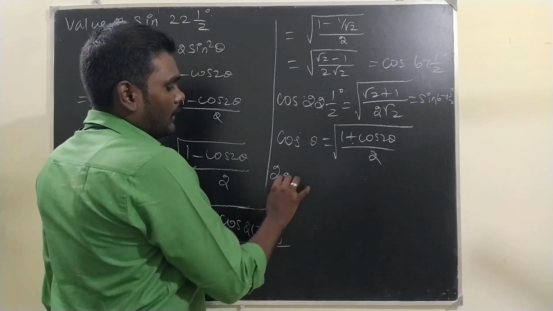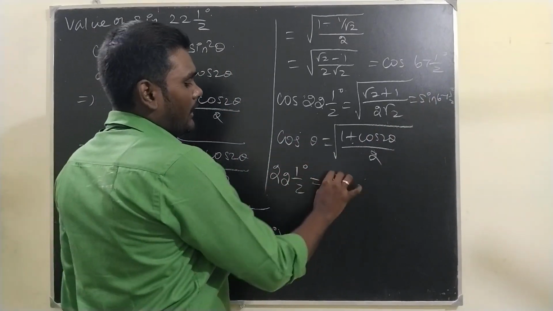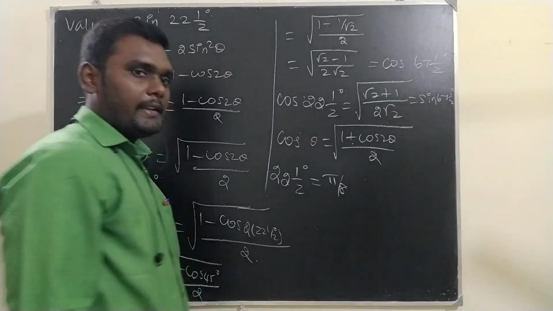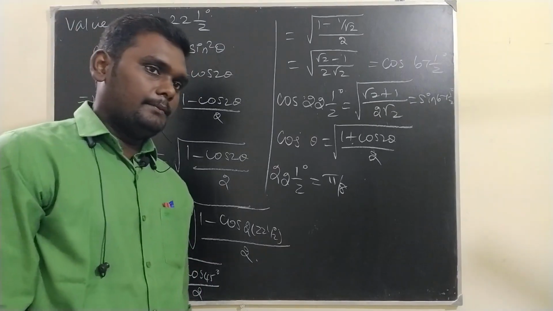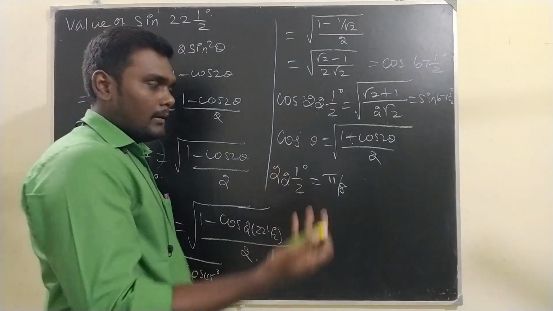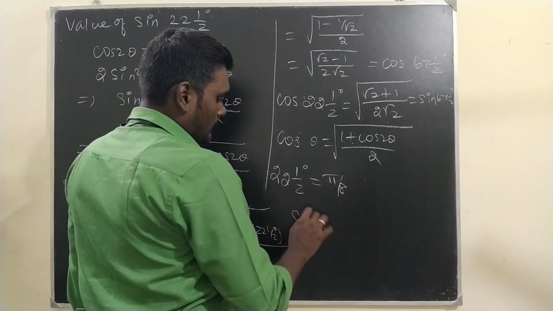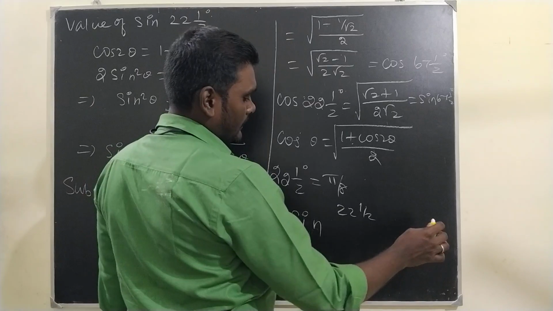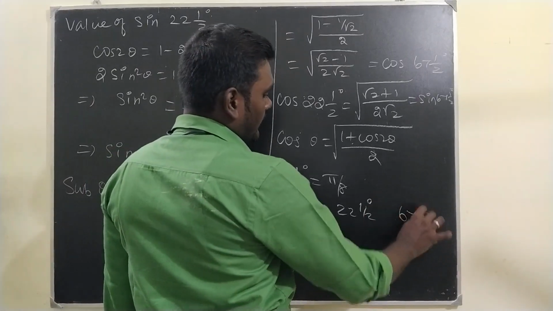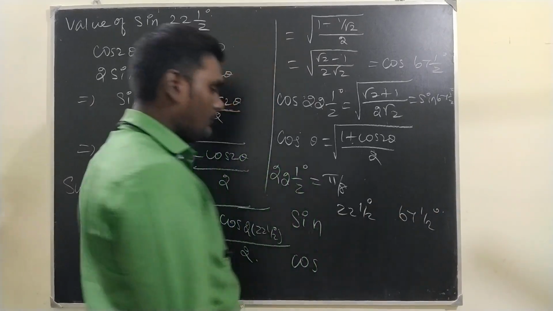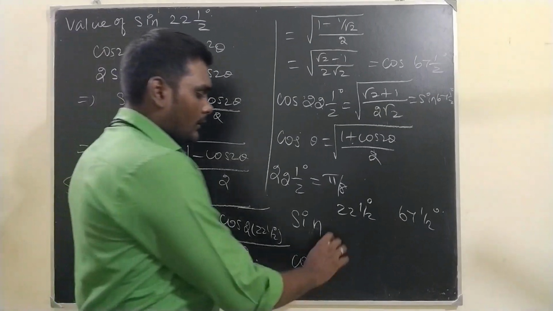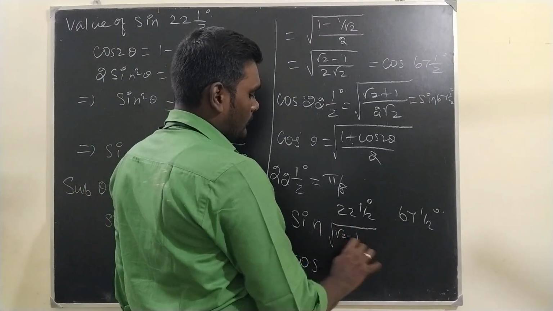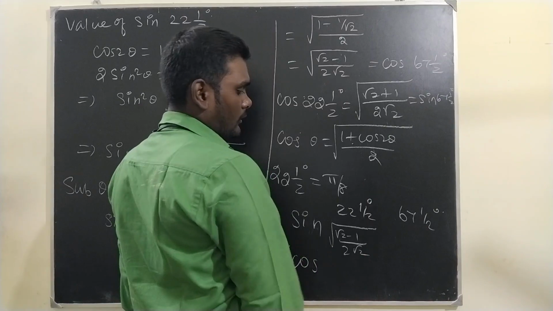You see, this 22 and a half degree in radian measure is pi by 8. Now let me summarize this. Sin and cos, we have calculated for 22 and a half and 67 and a half degree. Sin 22 and a half is square root of root 2 minus 1 by 2 root 2.